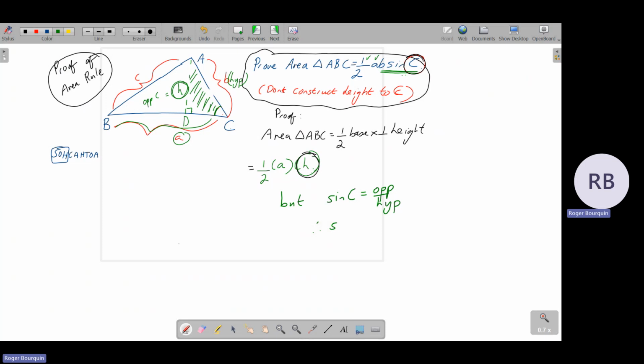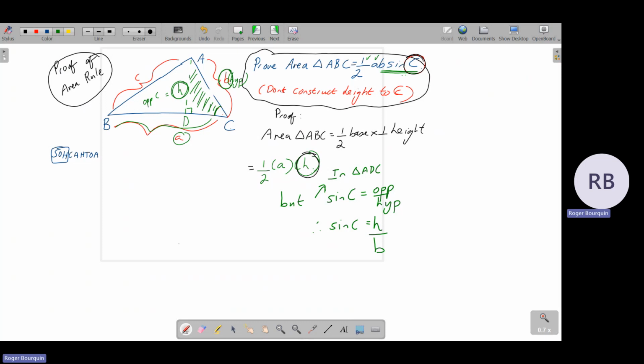So in triangle ADC, sine C is equal to opposite over hypotenuse, which is H over b.